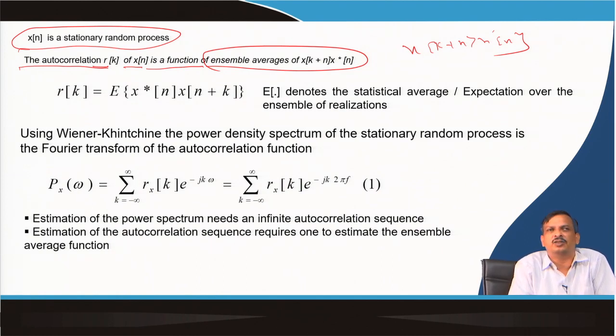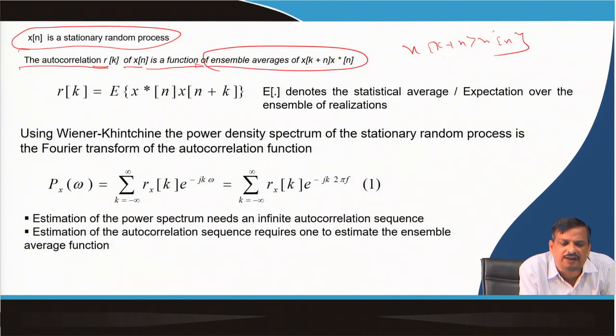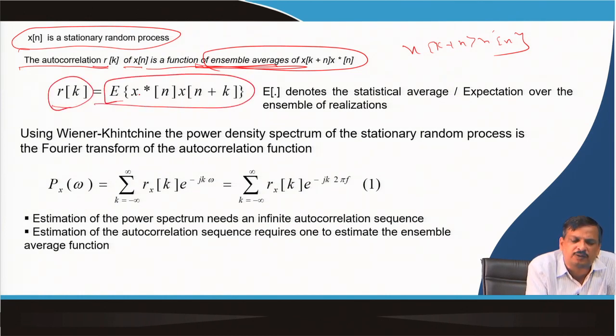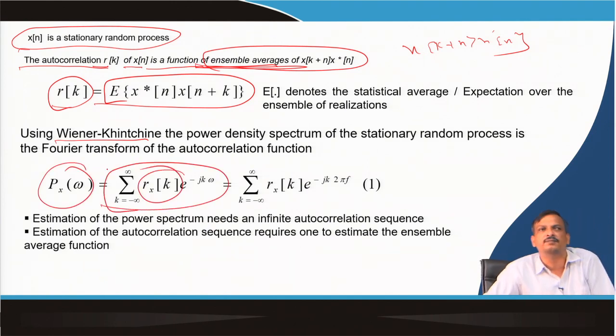Once I take a finite length, it automatically becomes finite energy, but a random process has infinite energy. So I require an ensemble average. Let us say the autocorrelation represents the ensemble average of the random process. Then using the Wiener-Khinchin theorem, the power spectrum is the Fourier transform of the autocorrelation function.